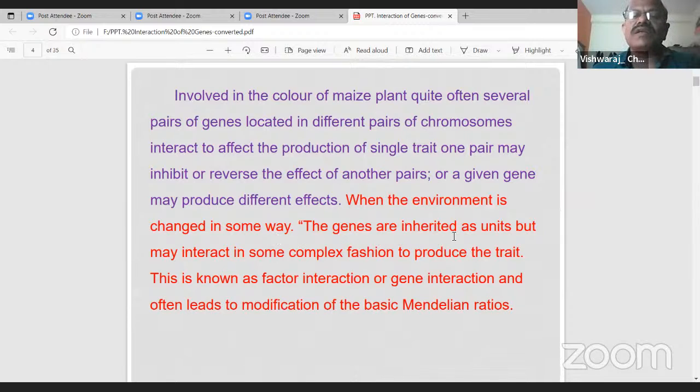The genes are inherited as units but may interact in some complex fashion to produce the trait. This is known as factor interaction or gene interaction, and often leads to modification of basic Mendelian ratios.